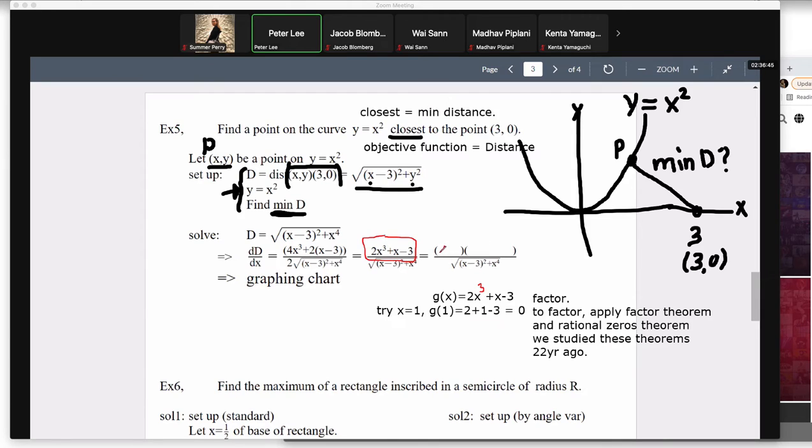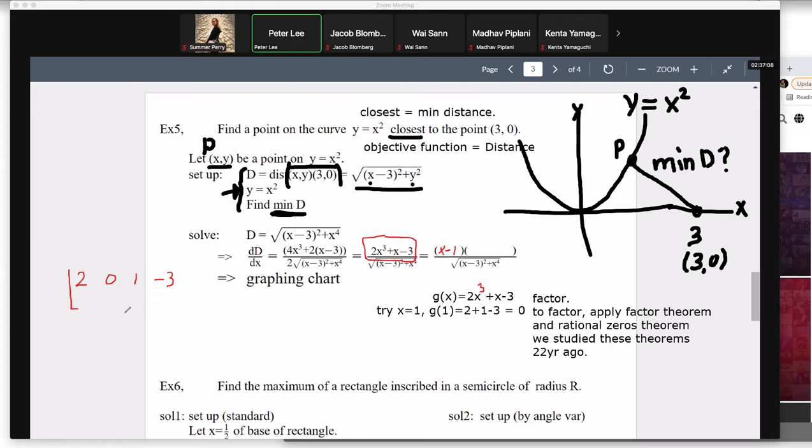This must be x minus 1. And then what's the other factor? How do you get it? Synthetic division will do. Do you think synthetic division was over by chapter 3? No, it's not over.